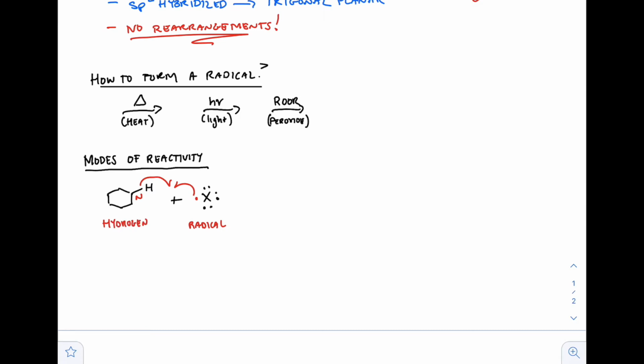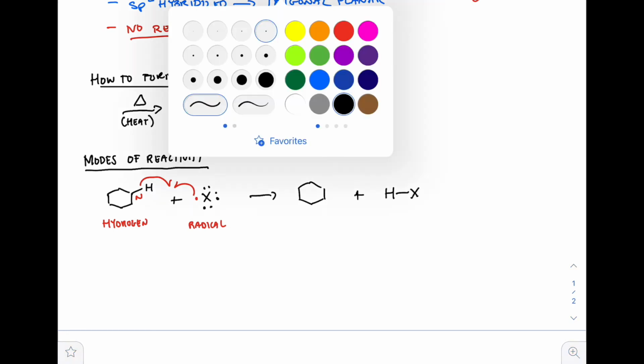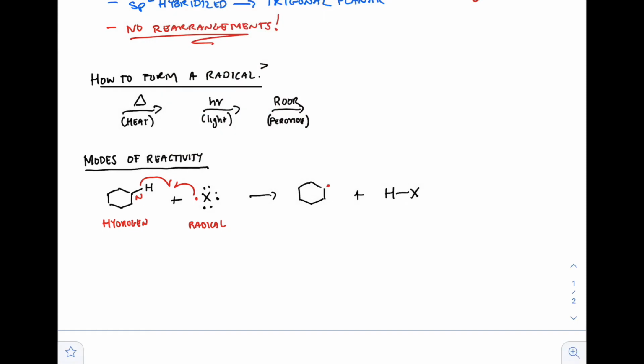So the hydrogen can undergo a hydrogen abstraction in the presence of a radical, and that radical now forms a new sigma bond, which is just going to be that HX. I've highlighted that in red to show that it came from the radical. And then it formed a new radical on the cyclohexane. That's a super common radical reaction that we'll see.